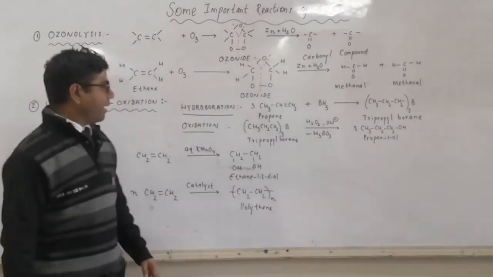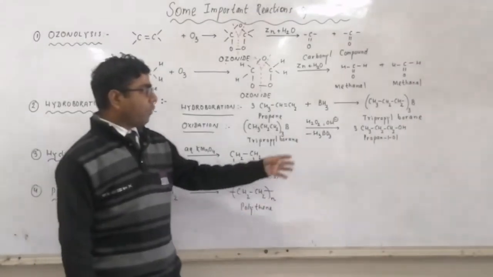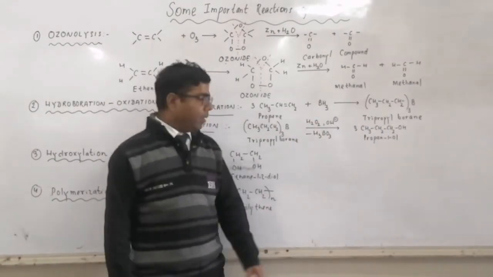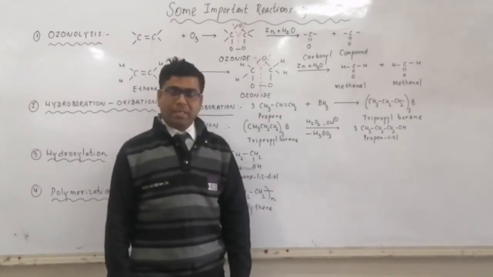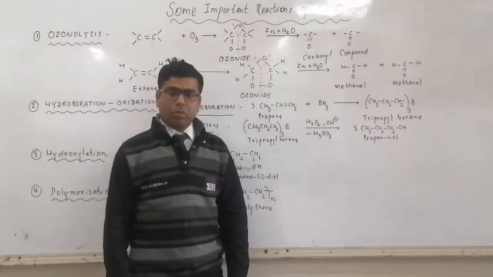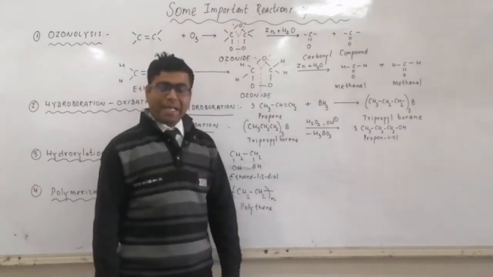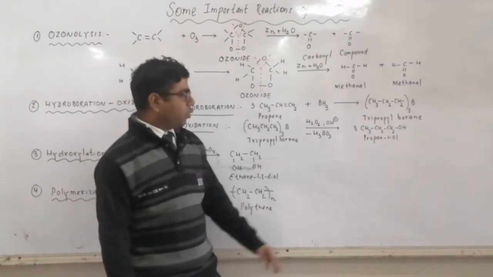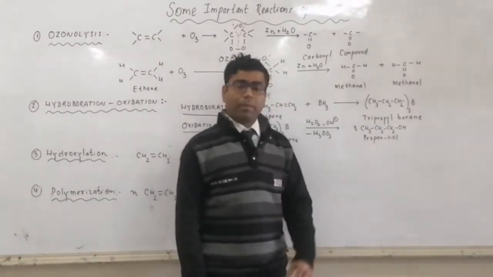Now, in the next step, we will carry out oxidation of tripropyl boron, and it takes place in the presence of alkaline H2O2, hydrogen peroxide. Remember, H2O2 can act as an oxidizing agent. So what happens? The boron is removed in the form of H3BO3, boric acid, and the remaining part gets converted to alcohol. Here you will obtain propanol.